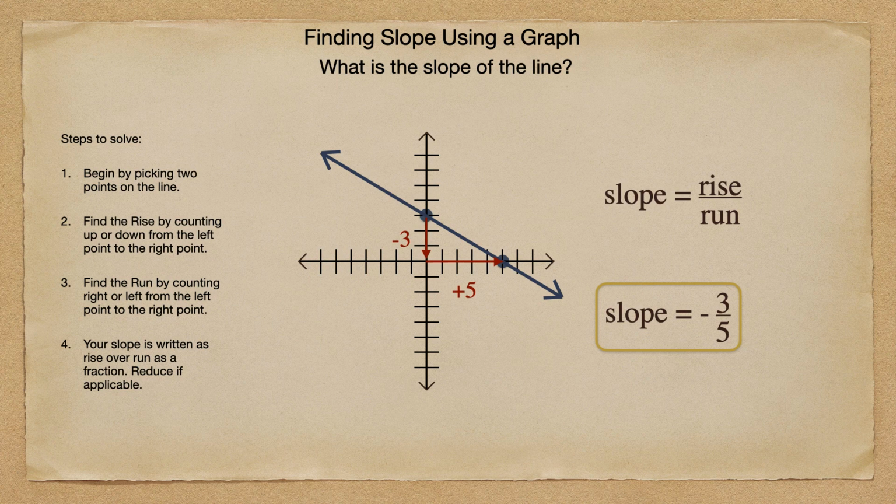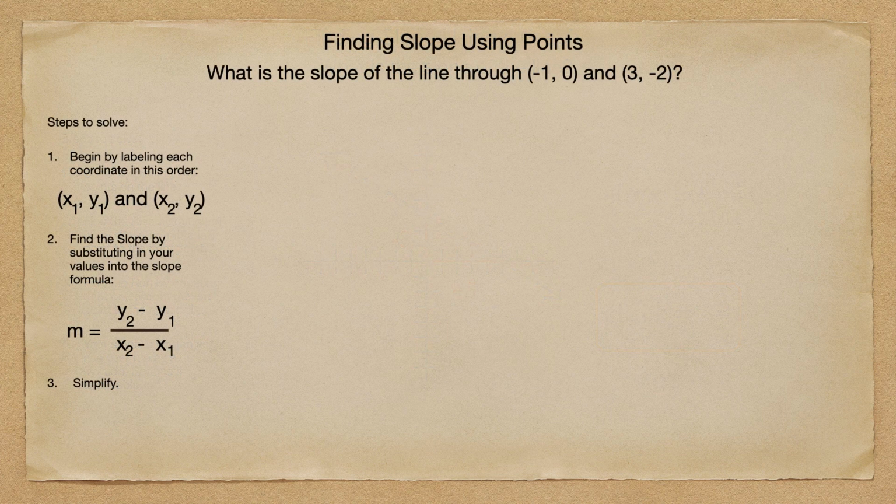Let's try finding a slope using points. Here, what is the slope of the line through points (-1, 0) and (3, -2)? We're going to continue labeling each coordinate in the order of x sub 1, y sub 1 for the first coordinate pair, and x sub 2, y sub 2 for the second coordinate pair.